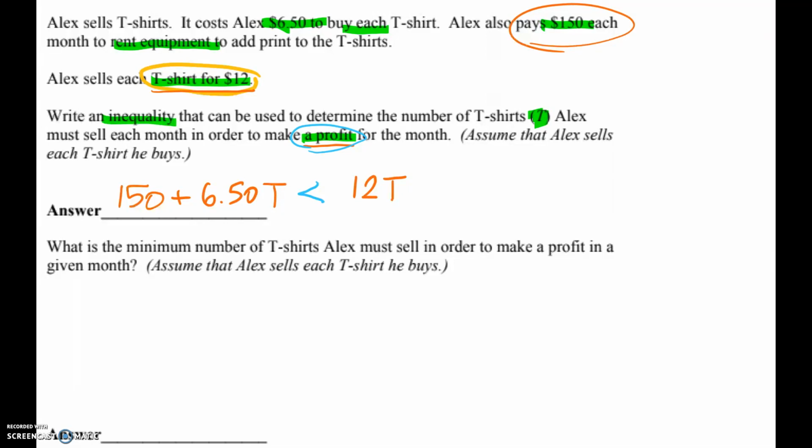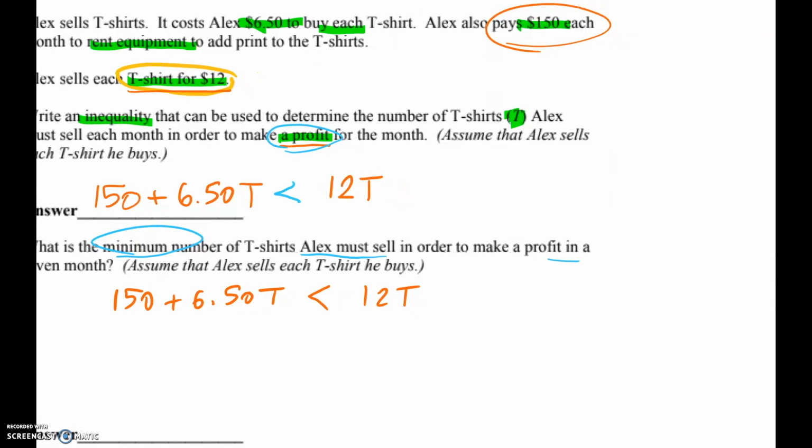What is the minimum number of t-shirts Alex must sell? Minimum number of t-shirts to make a profit in a given month. Let's solve this inequality. We have 150 plus 6.50t, which is less than 12t.